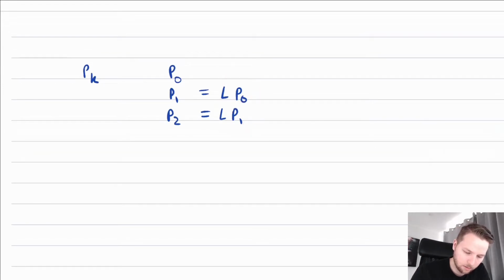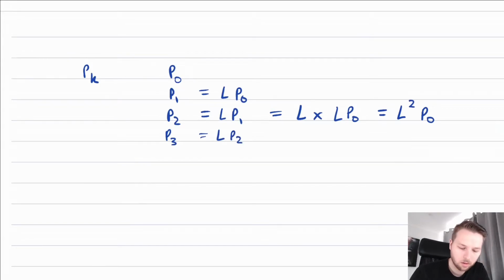So what we actually have is L times L P0, which is the Leslie matrix squared times P0. For the third time interval, that was L times P2, which is L times L squared P0, which is L to the power of 3 P0.